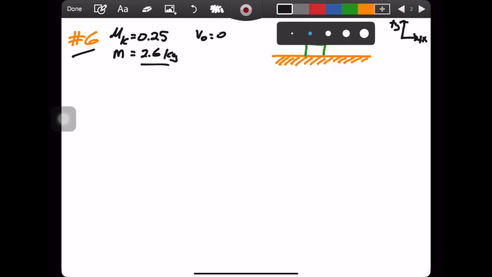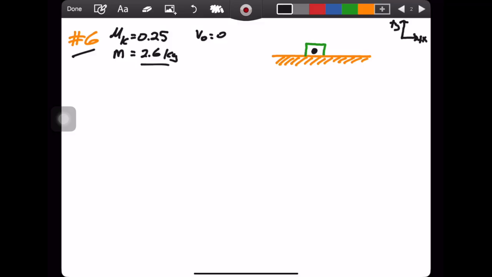And so I'm going to represent a dot as the center of mass of that object. And I'm going to draw a free body diagram. I'm going to use the convention that to the right horizontal is positive x and upward vertical is positive y.